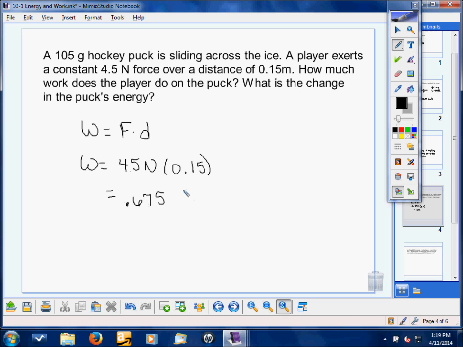And what's my unit for work again? Joules. Okay, so this is the answer to the work, 0.675 joules.